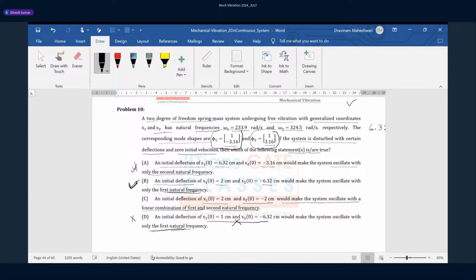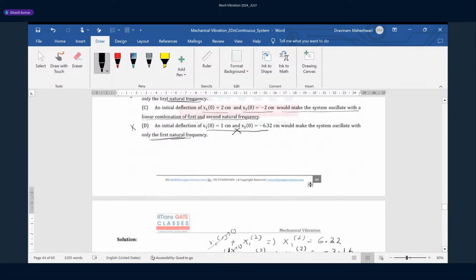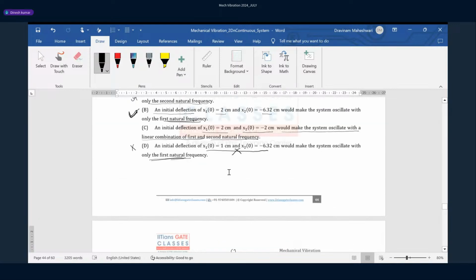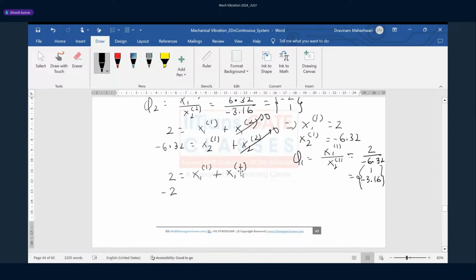Okay, so now they have given in this problem m1. If you take case 3, how much they gave? Initially x1 is 2 and x2 is given minus 2, right? The initial displacement minus 2. Now if the system vibrates with first mode, what will happen?